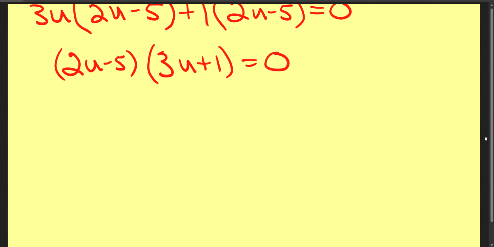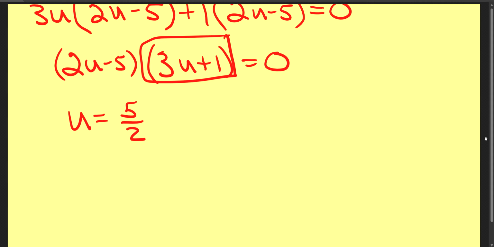How about solving for u now? So in this one, u will equal 5 over 2, and in this binomial here, u is going to equal negative 1 over 3.